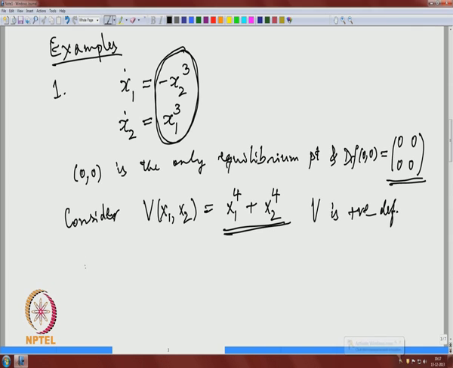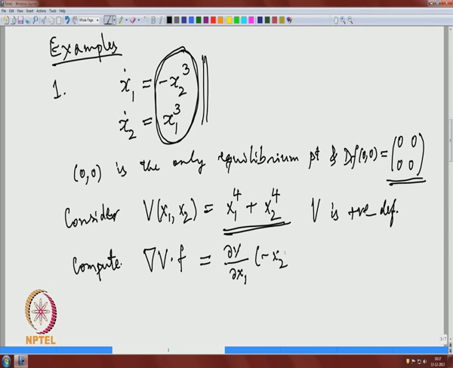let us compute grad V dot f, where f is the right hand side. So this is dV/dx1 times minus x2 cube plus dV/dx2 times x1 cube.